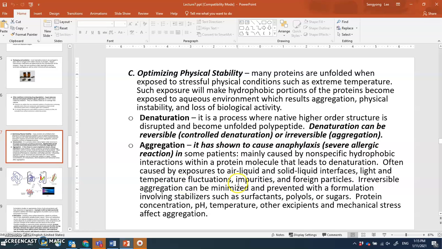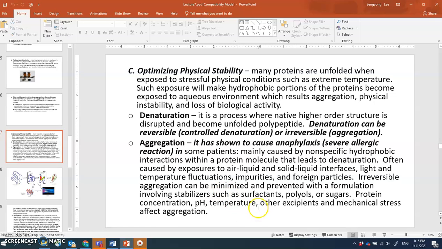That's the best thing. And impurity you should not have in your drug. Foreign particles you should not have in your drug packaging material, packaged drug or filled drug container. And irreversible aggregation can be minimized and then prevented with formulation involving stabilizers. We already talked about it.